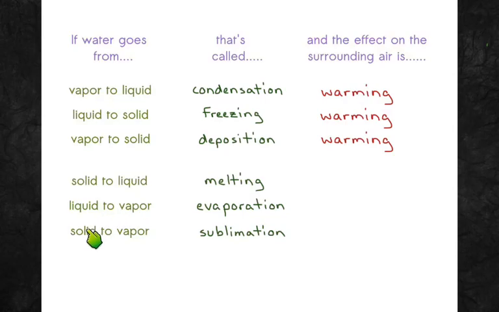And then finally solid, which is our lowest energy state, going up to vapor, which is a higher energy state. So in all these cases, to go from the lower energy state to the higher energy state, we're going to have to extract energy from the environment, which means we're going to extract heat, which means we're going to end up cooling the environment. So these are all cooling processes.